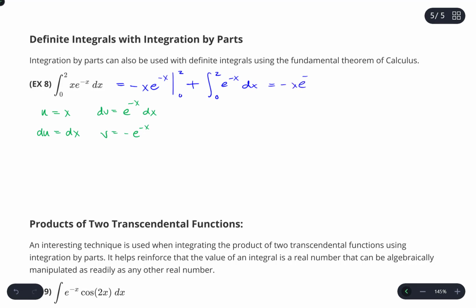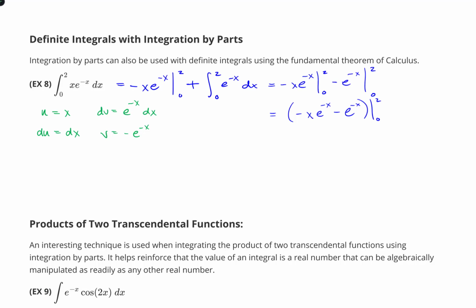Negative x e to the negative x evaluated from 0 to 2, plus then integrating e to the negative x, that's going to switch to a minus. So let's make that minus e to the negative x, and still evaluated from 0 to 2. But that really means that this whole function, negative x e to the negative x minus e to the negative x, everything's going to get evaluated from 0 to 2.